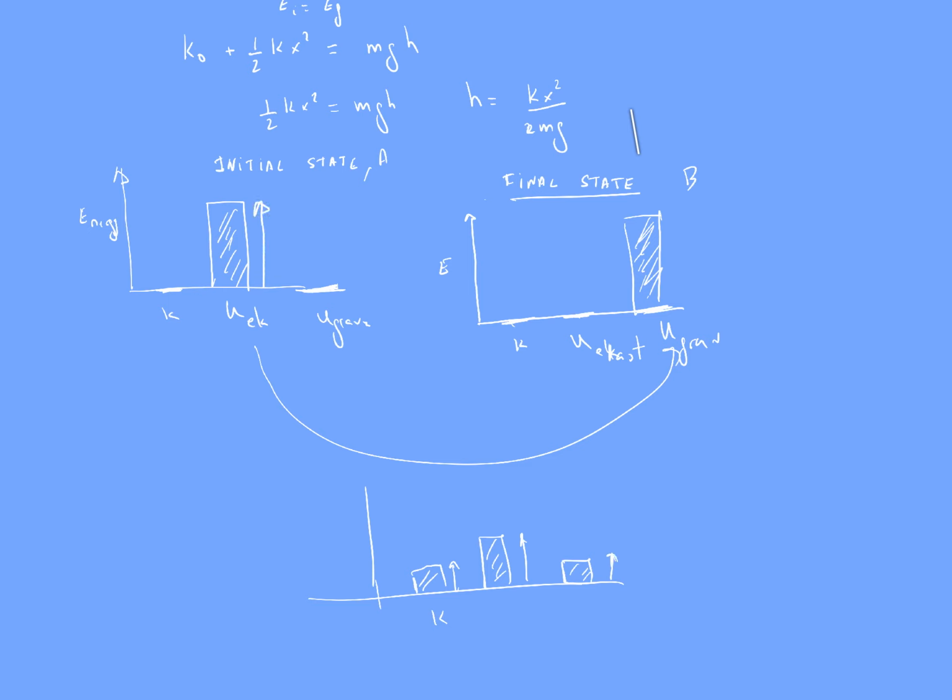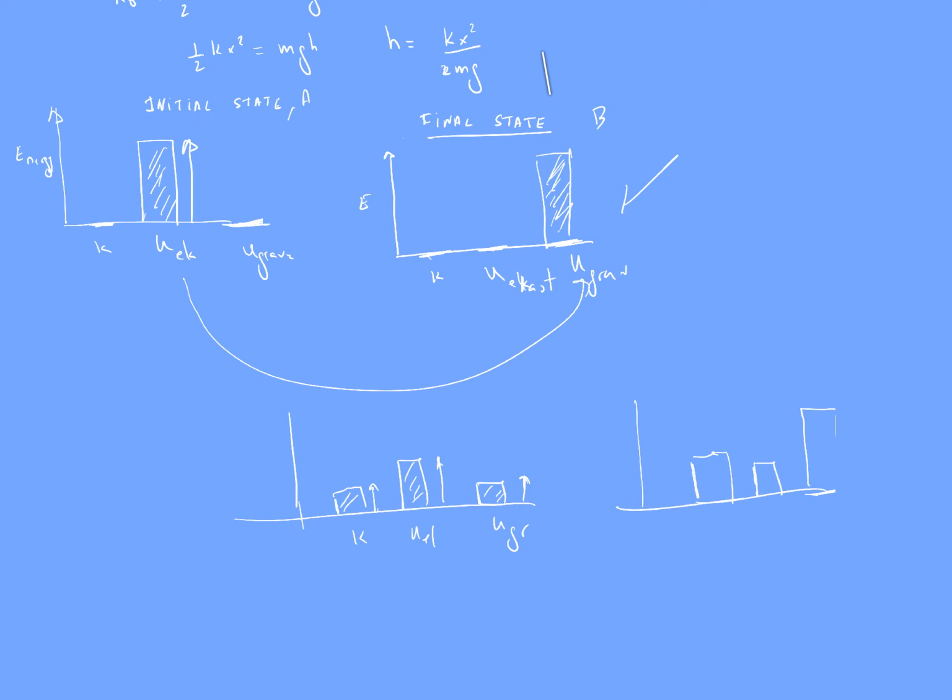So the K, the U elastic, the U gravitational. After some time, the K will increase a little bit, the U elastic will decrease a little bit more, and the gravitational will increase a little more. And finally, you will arrive at this situation. So there is an interchange. I give you, you give me, like a bank account.